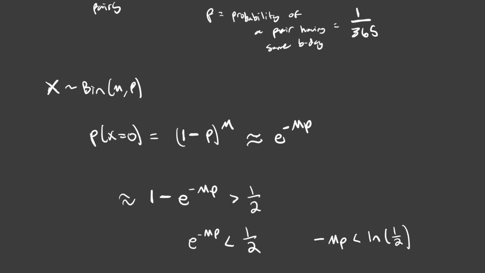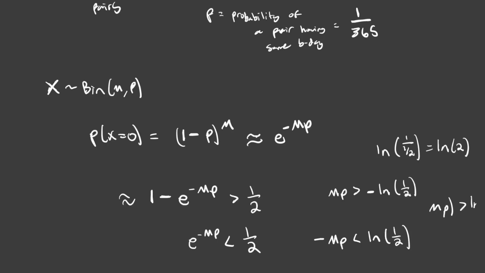So let's multiply each side by -1. So I have mp greater than negative ln of 1/2. Since this is a log, if we are subtracting a log, it becomes division inside, so I take 1 over 1/2, which is ln of 2. So we essentially want mp to be greater than the ln of 2.